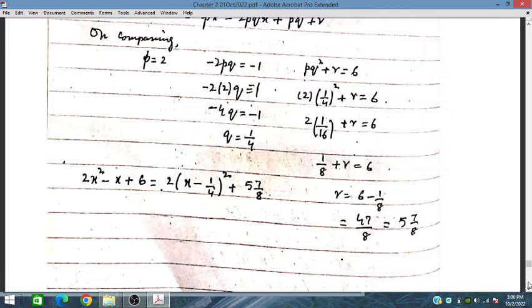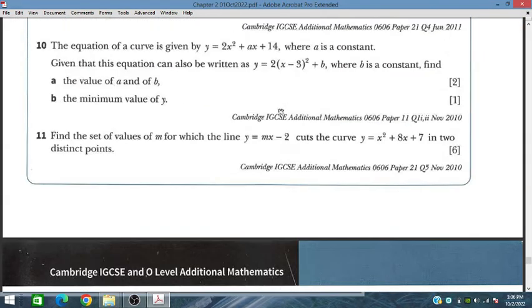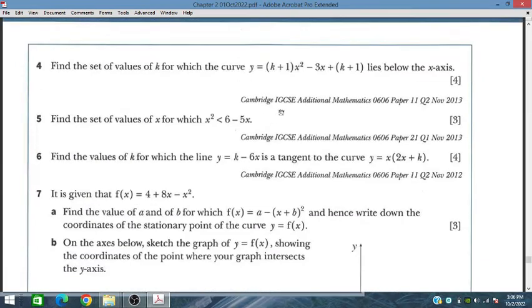Exercise 3, problem number 3. Now move on to problem number 4. Find the set of values of k for which this curve lies below the x-axis. Below the x-axis means y is less than 0.